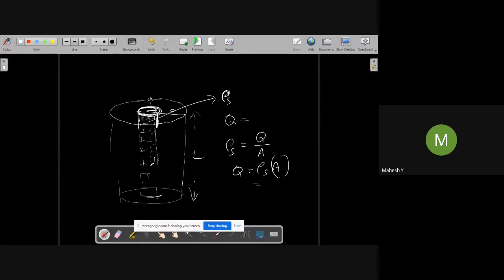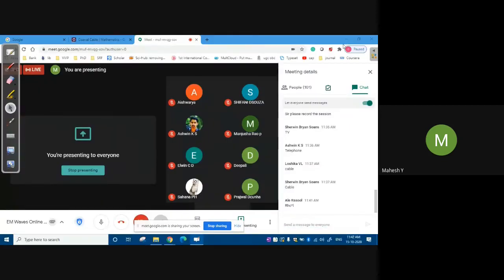This inner surface is there, right? Can you see this inner surface? This part is the surface. This surface has a surface charge density rho s. Now I want what is Q, and I give the hint that Q is equal to rho s into area. Now what is the area where the charge is accumulated? Anybody?